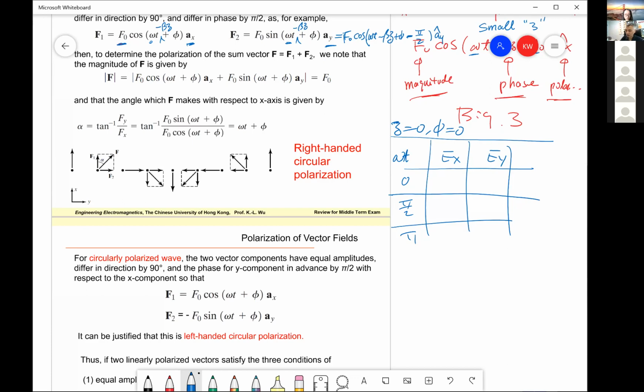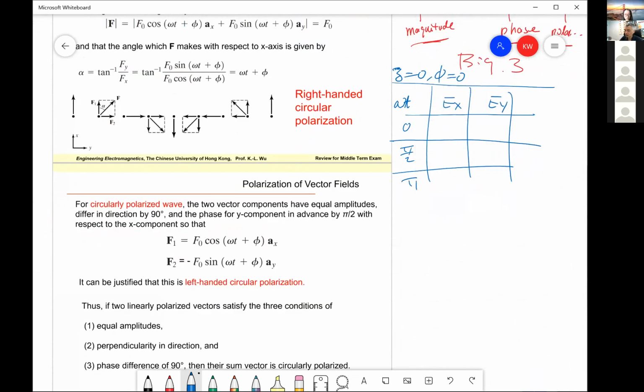We can justify satisfying these three things: the same magnitude, two orthogonal components, and the third one is plus or minus pi over 2 phase difference.